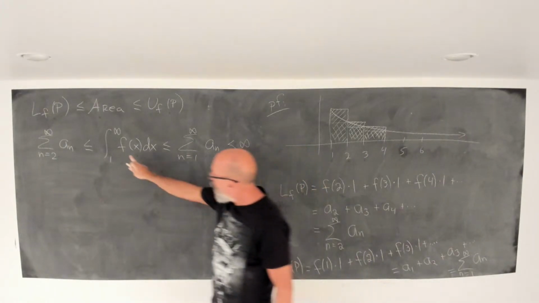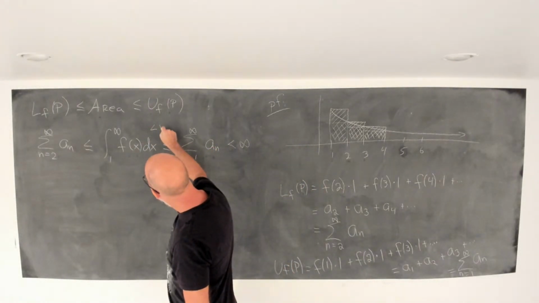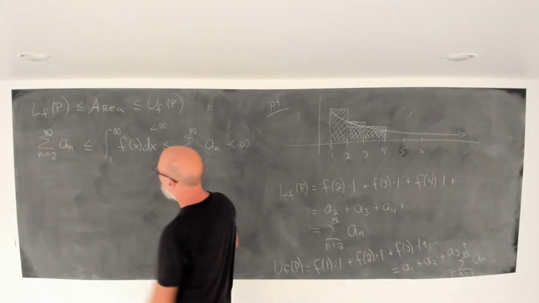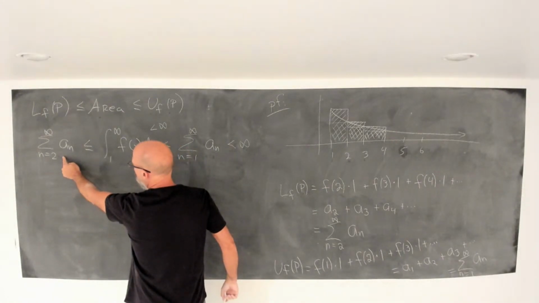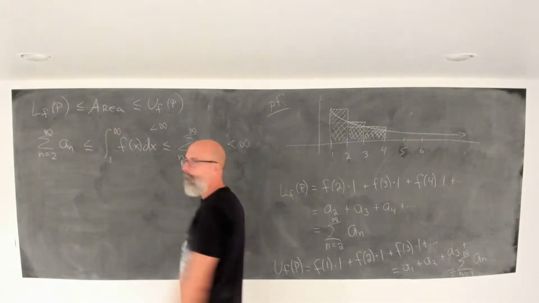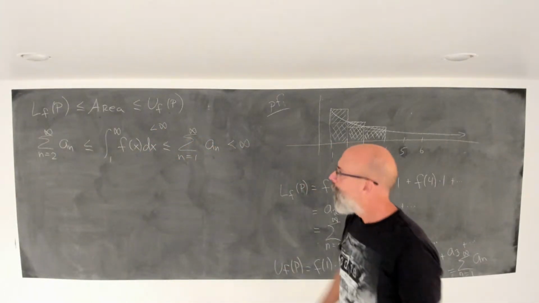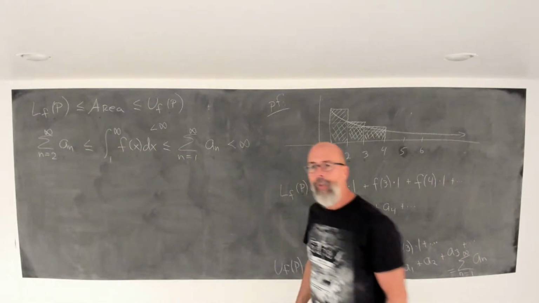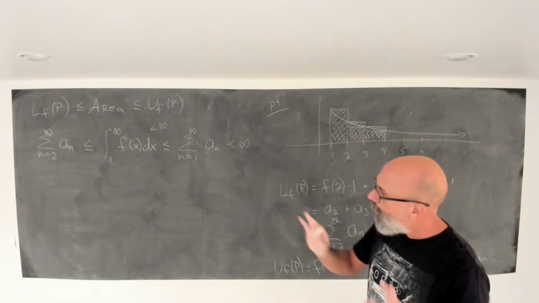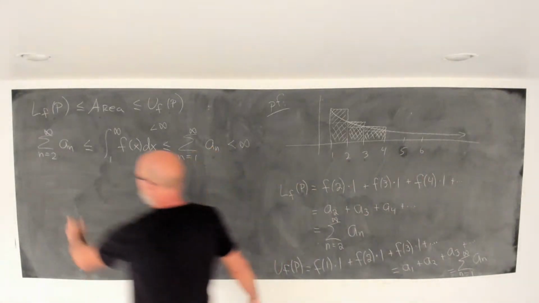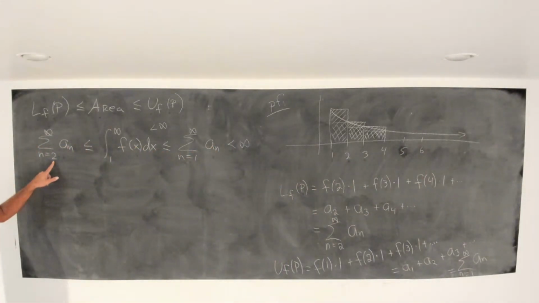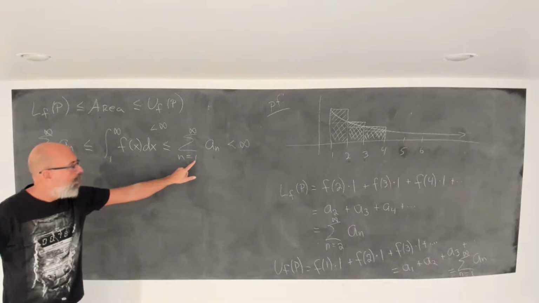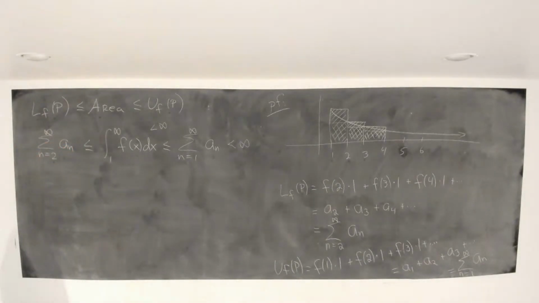Conversely, if the integral is less than infinity, then this series is less than infinity. So that series is going to converge if the integral converges. Now you're thinking to yourself, well, that's cheating. This one starts at 2 when you want to conclude the series starting at 1 converges.